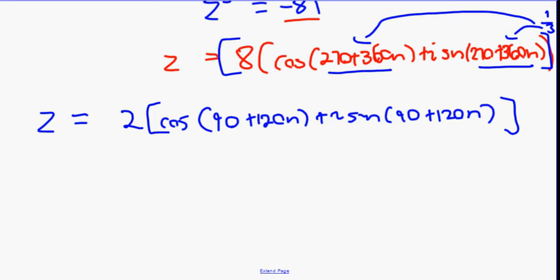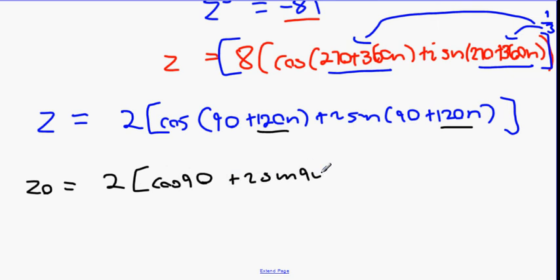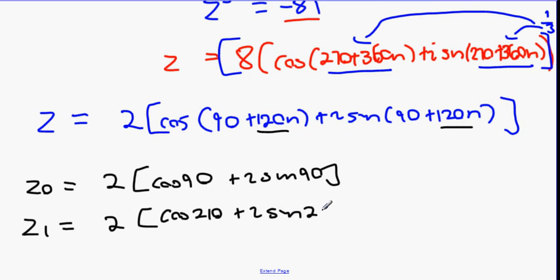Now, like last time, we'll call it z0 this time. So we start off with z0 when n equals 0. So we're going to have 2 times cos 90 plus i sin 90. When n equals 1, it's going to be 2 times cos 210 plus i sin 210.